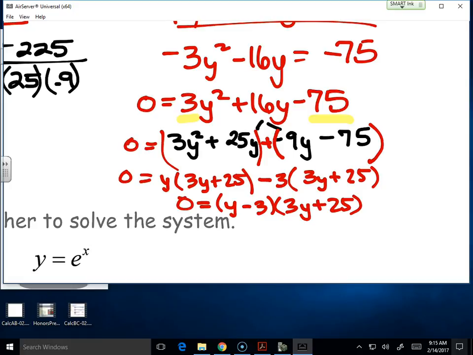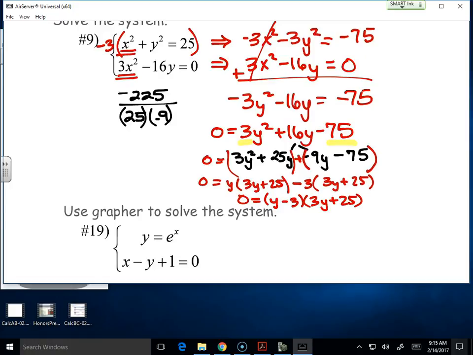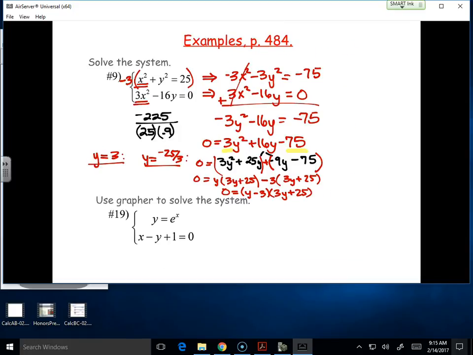When we have factors equal to 0, don't we set each equal to 0 and solve? Once we have y's, what do we have to do? We'll find ourselves an x. Where do we find ourselves an x? Plug it in there, or there, or there. Who looks next to it?